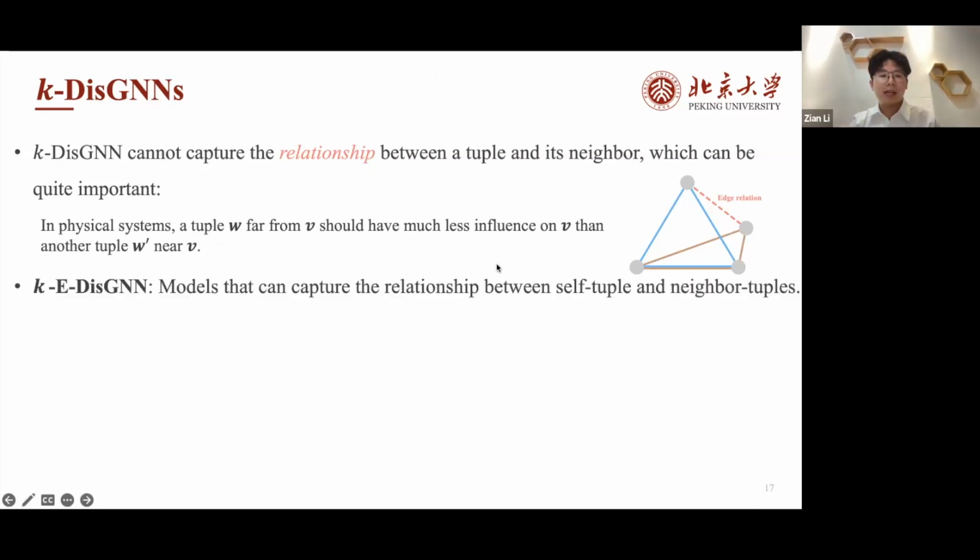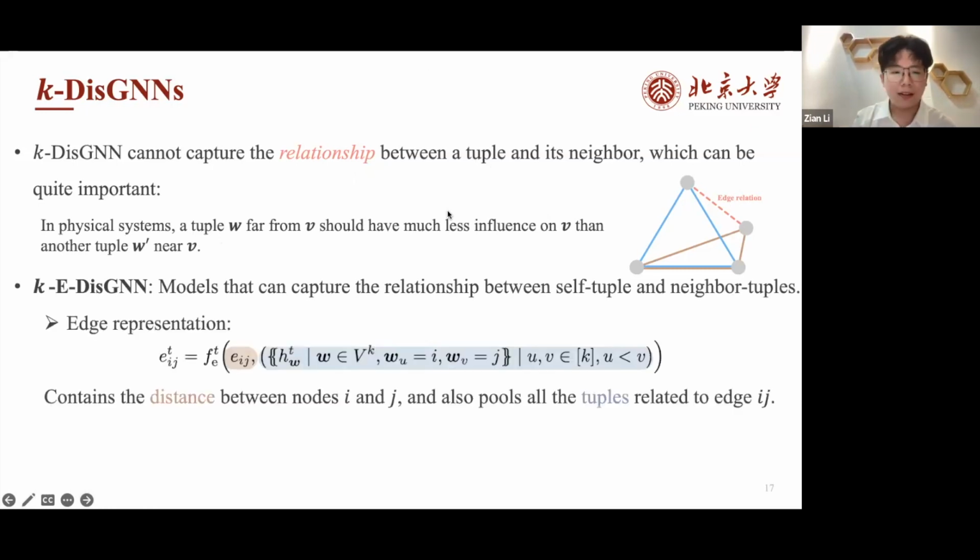So given this limitation, we propose kE-DisGNN, which are models that can capture the relationship between the self tuple and neighbor tuples. We first design the edge representation by feeding the distance, or the edge weights, and the tuple related to the edge into an MLP to get the edge representation.